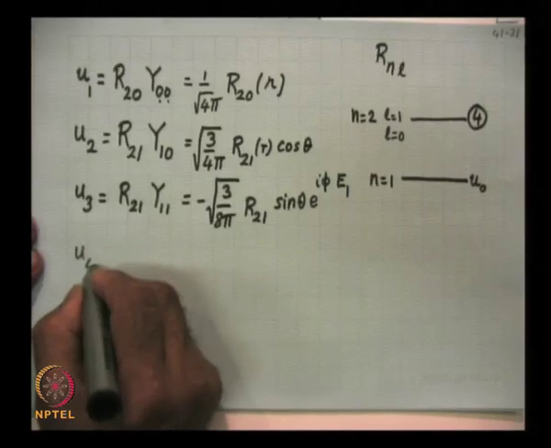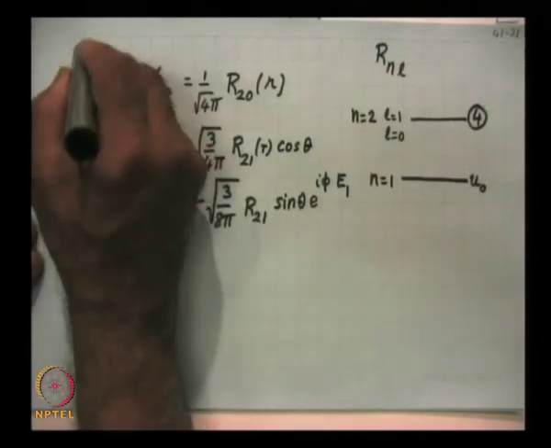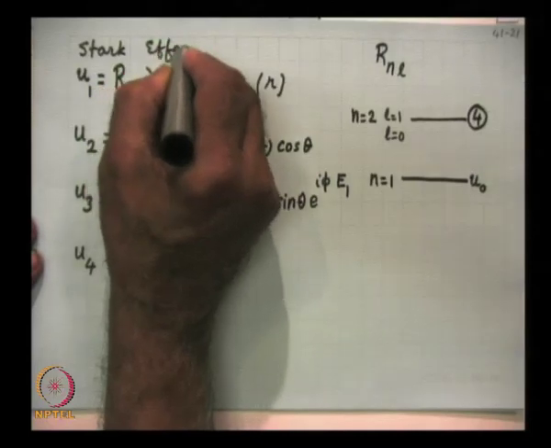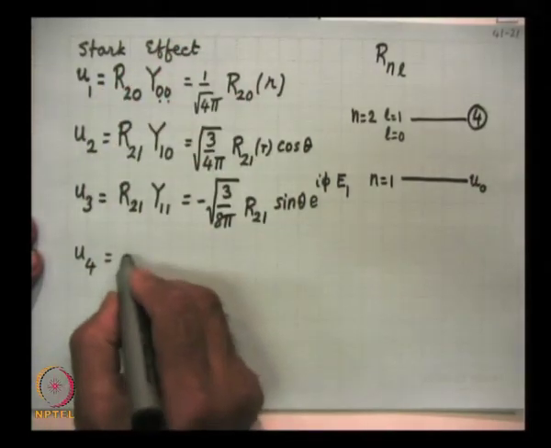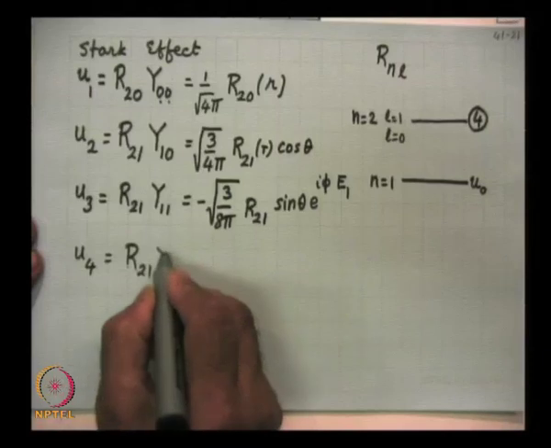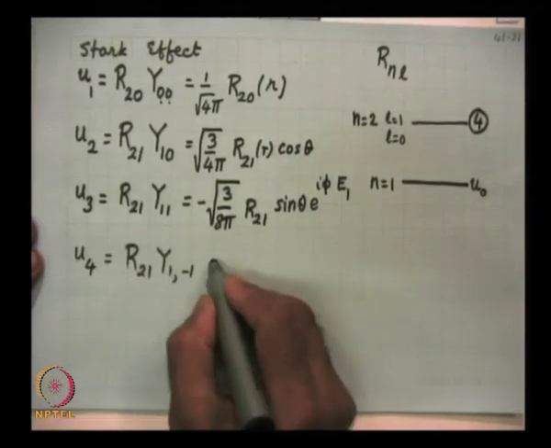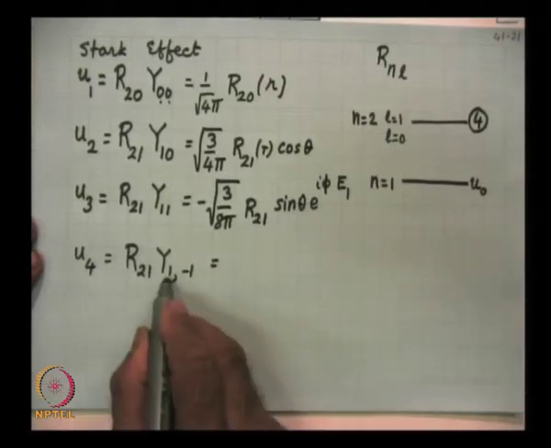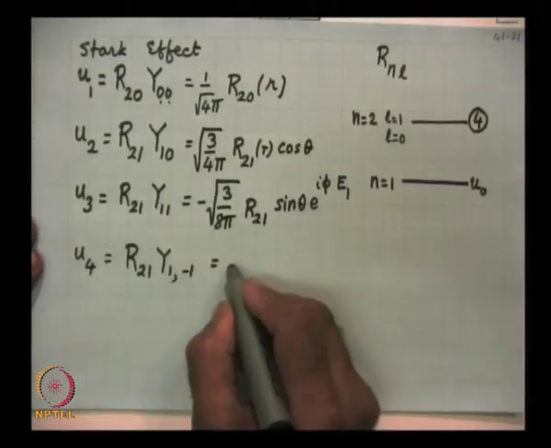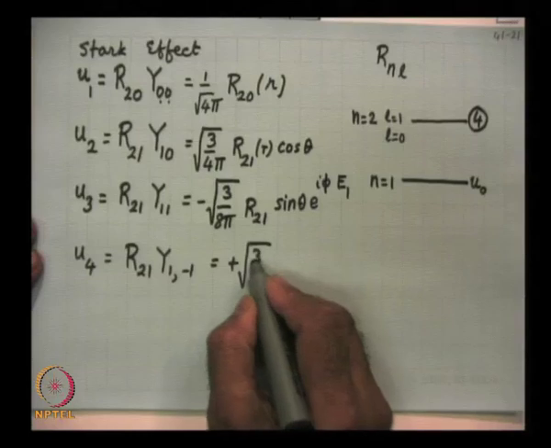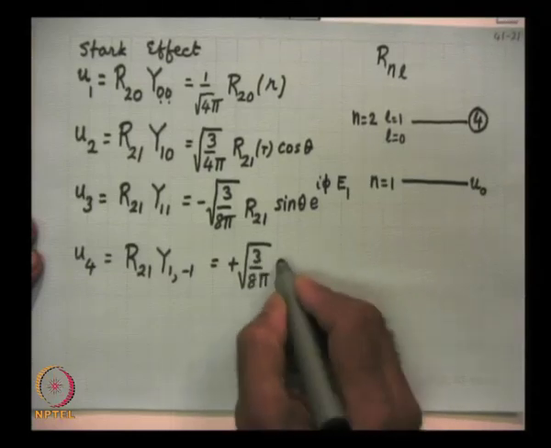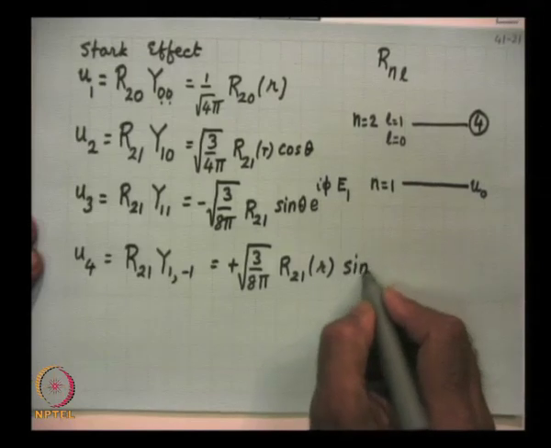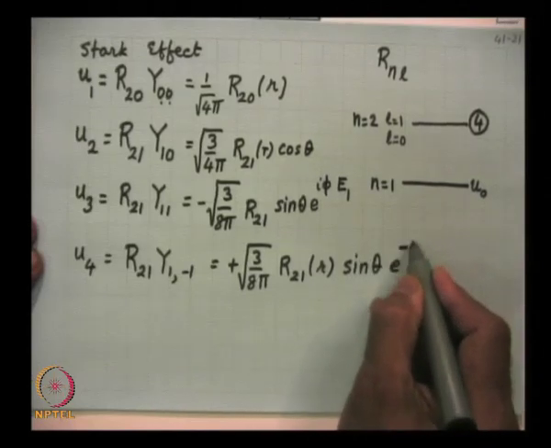And u4 is equal to, this is the Stark effect problem that we will be considering, Stark effect in hydrogen atom, R21 Y1 minus 1. So, m is equal to minus 1. So, sin to the power of L theta, that is sin theta, but this will be plus under root of 3 by 8 pi R21 of r sin theta e to the power of minus i phi.